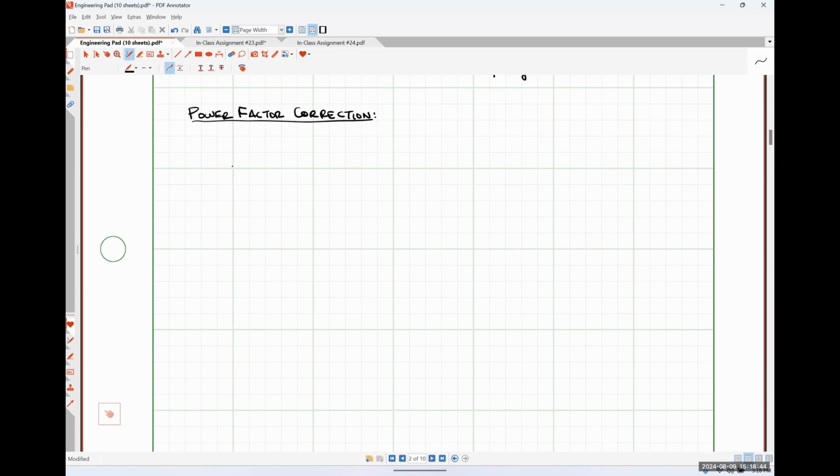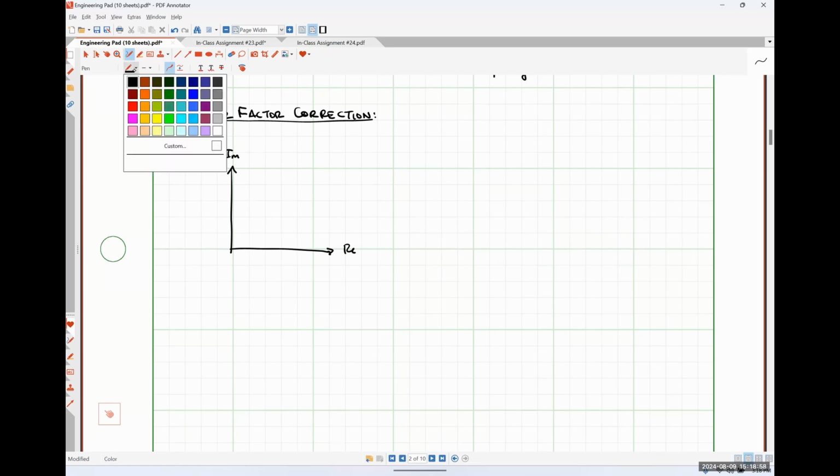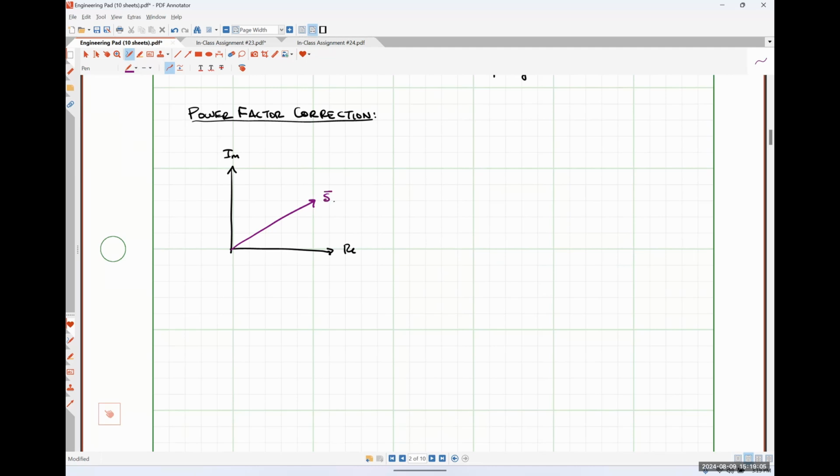So let's say that we have an inductive load whose power triangle looks something like this. So here's our real axis, here's our imaginary axis, and then here is our complex power S. And I'm going to call this S old because it represents the complex power prior to power factor correction.